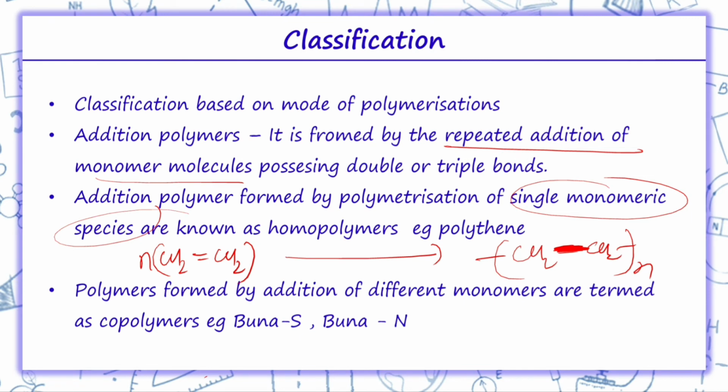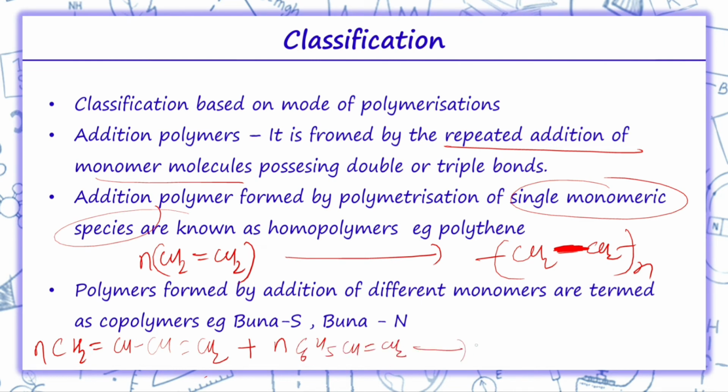Now polymers which are formed by addition of different monomers. Overall we have over here butadiene, 1,3-butadiene, CH2 double bond CH double bond CH2. It then combines with styrene, which is C6H5CH double bond CH2.